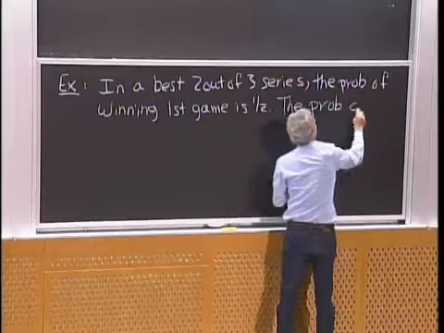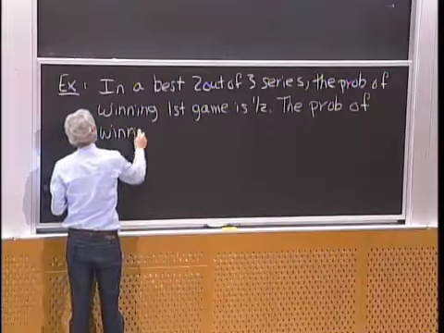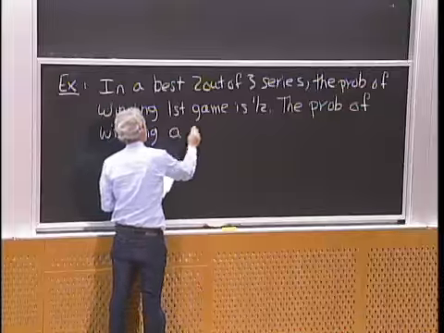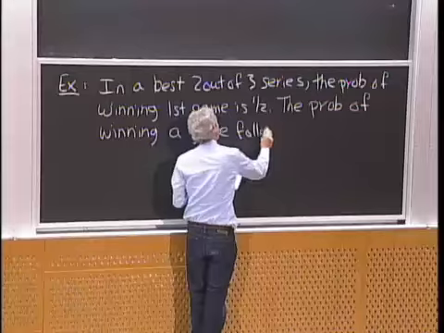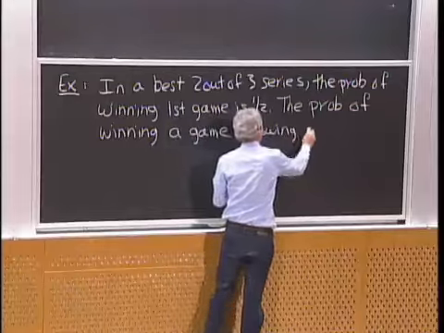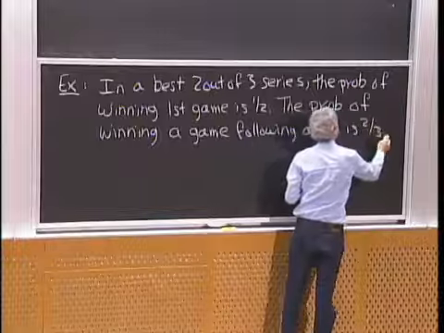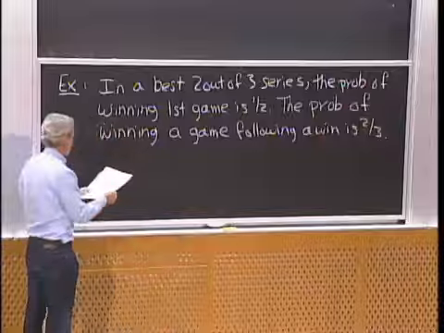All right, so the probability of winning immediately after a game following a win is 2/3. And similarly, the probability of winning after a loss is 1/3.